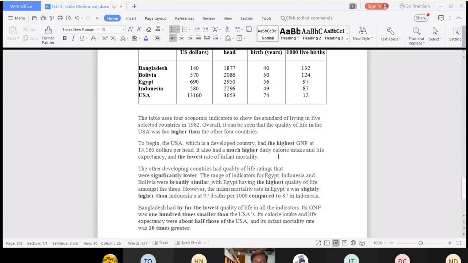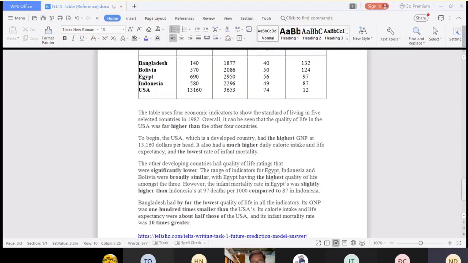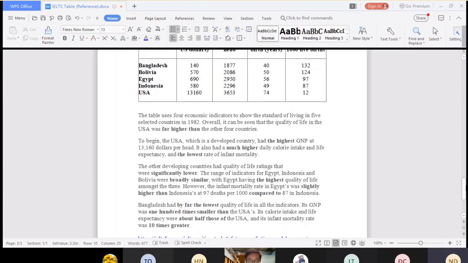Last one, Bangladesh had by far the lowest quality of life in all the indicators. Its GNP was 100 times smaller than the USA. Its calorie intake and life expectancy were about half those of the USA, and its infant mortality rate was 10 times greater.